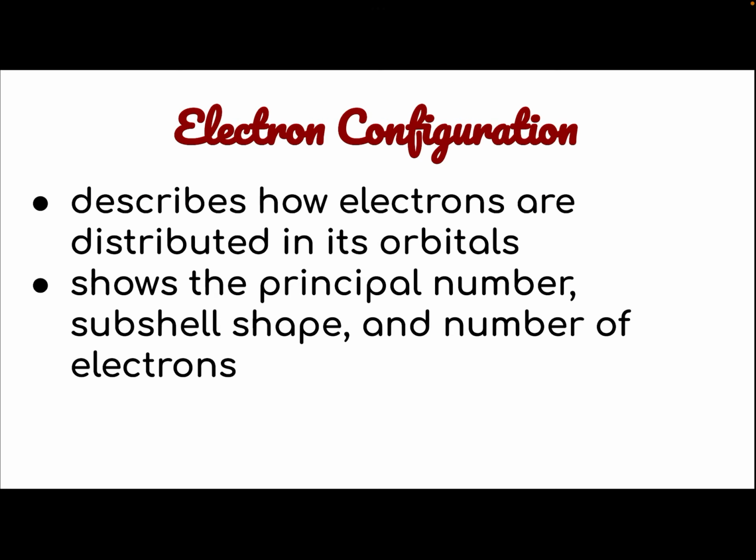Now, we talk about the electron configuration. When we say electron configuration, this describes how electrons are distributed in these orbitals. Ano ba itsura? Using the numbers, pagkakita pa lang ng electron configuration, ng number at letters na yon, the scientist or student learning science will understand kung ano bang itsura ng atom. So, it shows the principal number, subshell shape, and the number of electrons.